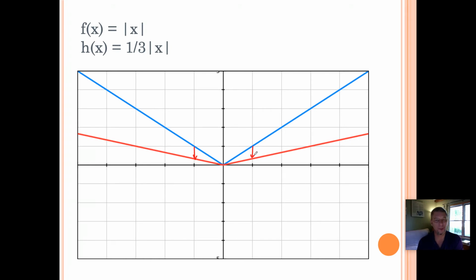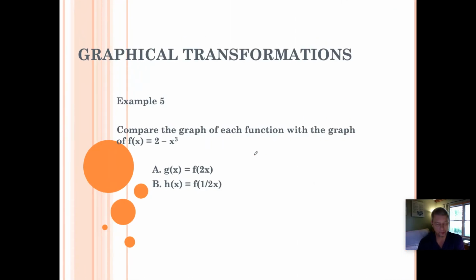It really depends on what the original function is, especially in a case like this where we're dealing with absolute values. Okay, so h of x equals 3 times the absolute value of x is a vertical stretch. h of x equals 1/3 the absolute value of x is a vertical shrink.